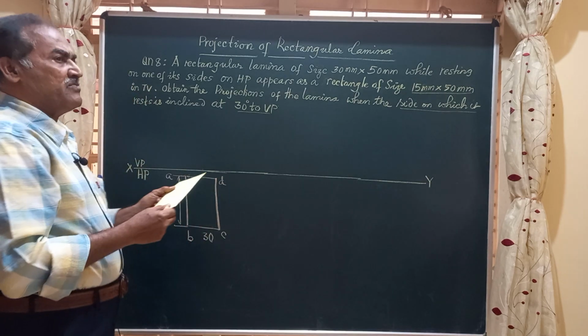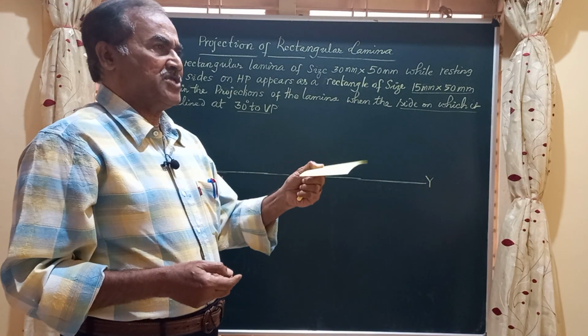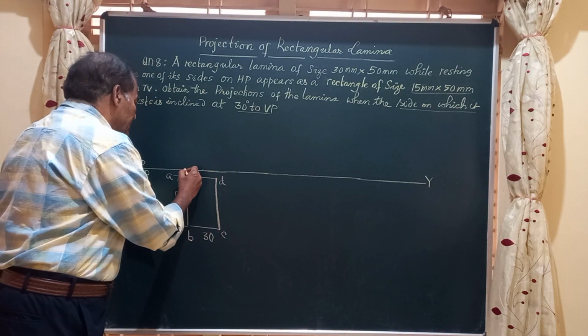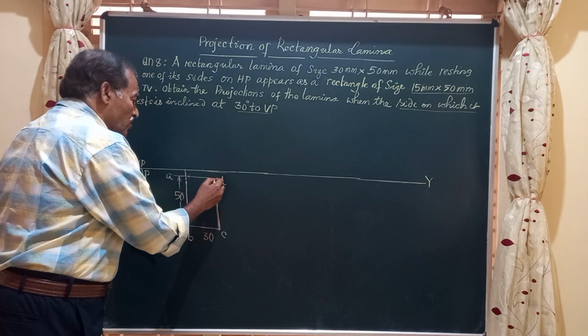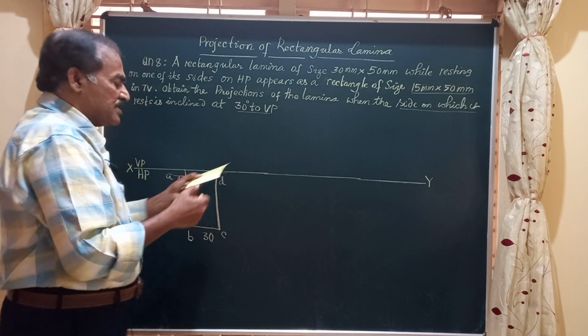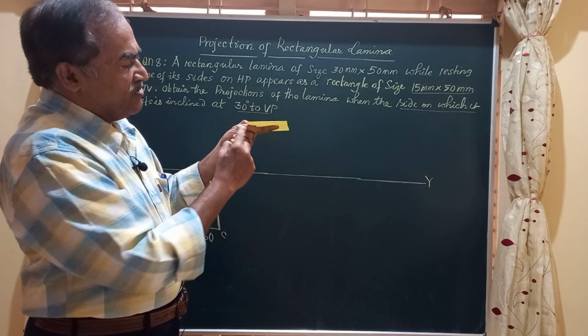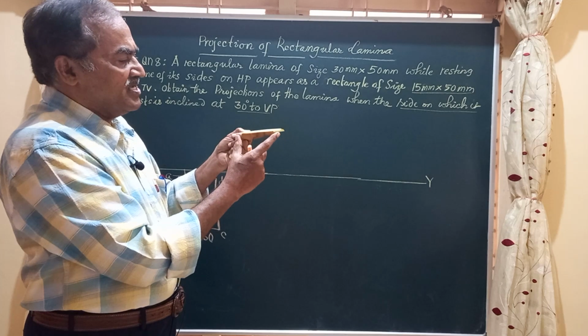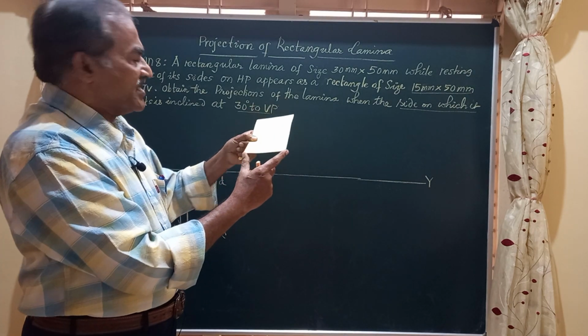So the lamina when placed on HP with longer edge perpendicular to this VP, you will get this top view, and for this corresponding top view, you will be able to get a front view, a shortened length, that is the value equal to 30 mm.